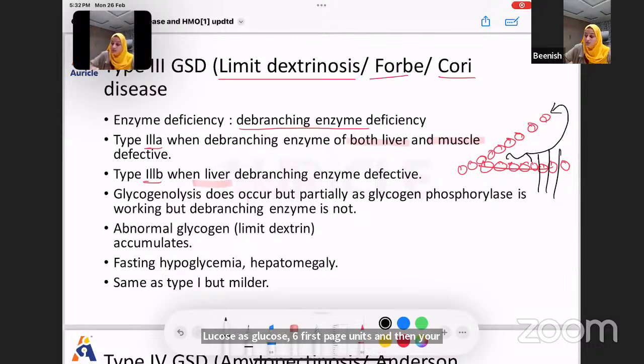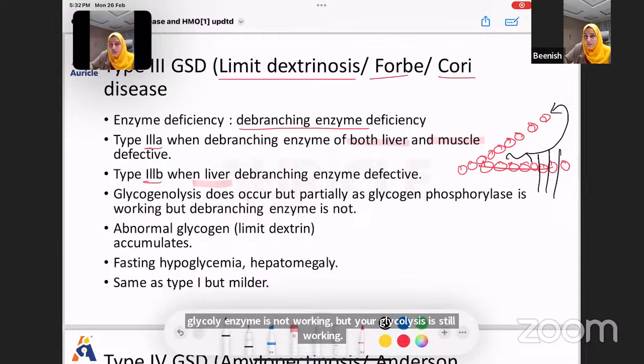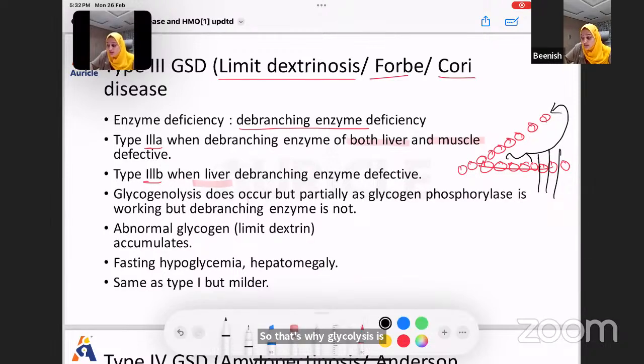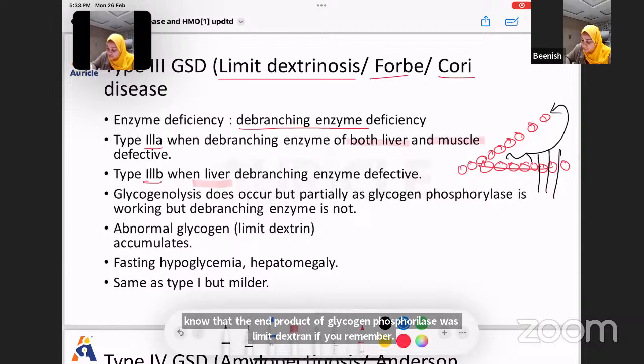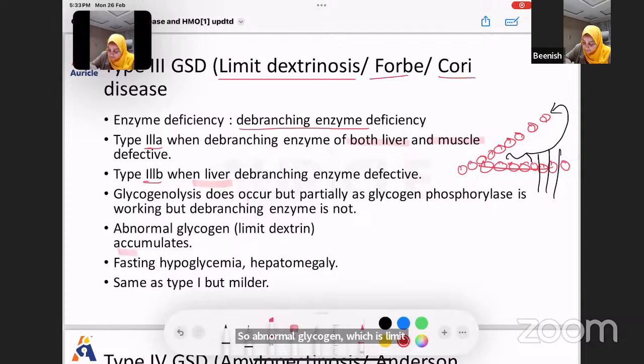Now this debranching enzyme is not working, but your glycogen phosphorylase is still working. That's why glycogenolysis occurs partially. And we already know that the end product of glycogen phosphorylase was limit dextrin, if you remember. So abnormal glycogen, which is limit dextrin, is accumulating.